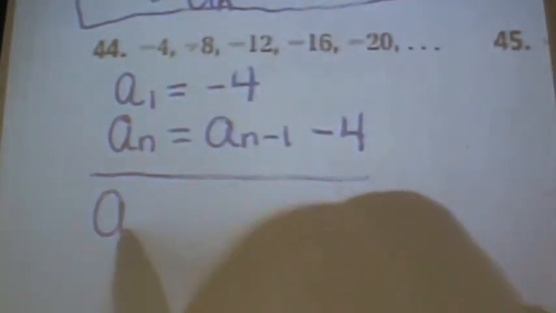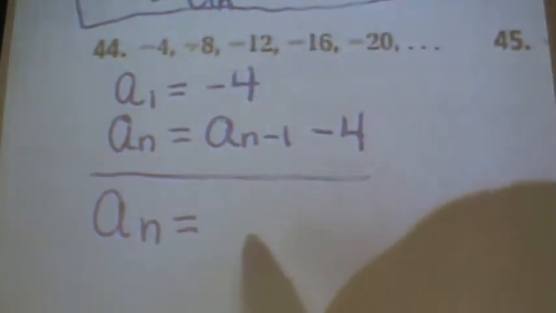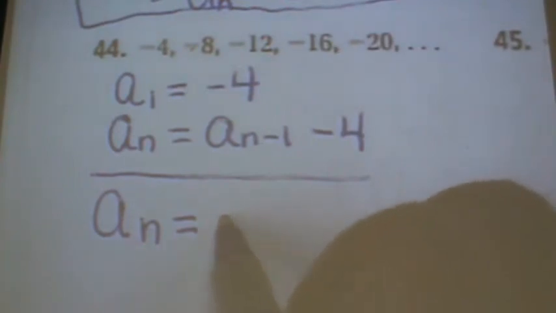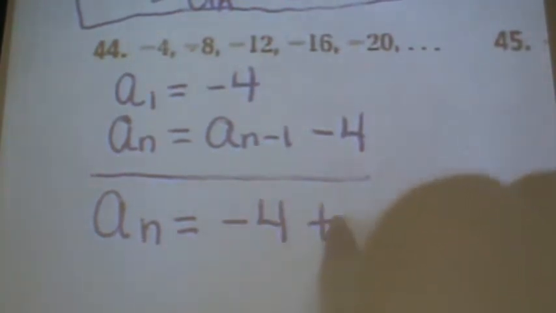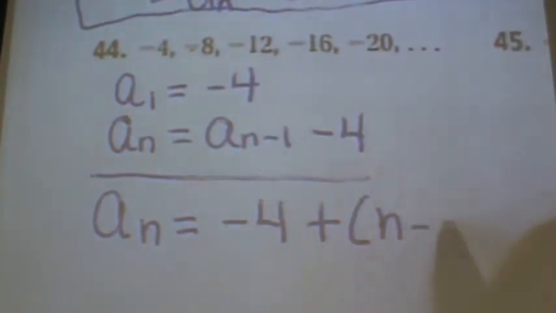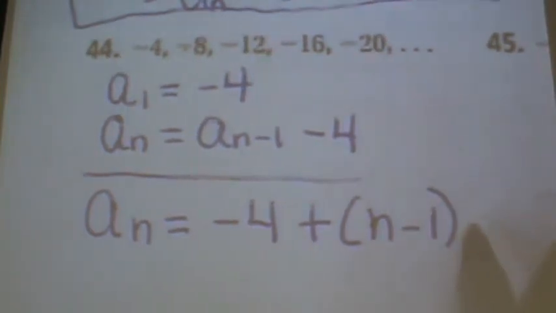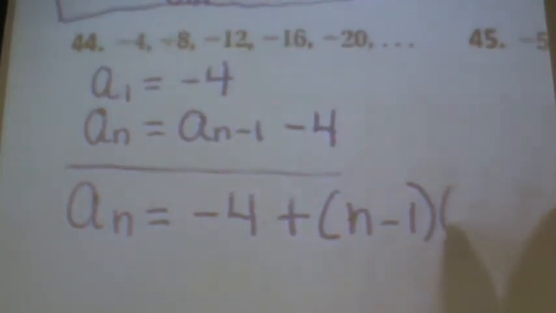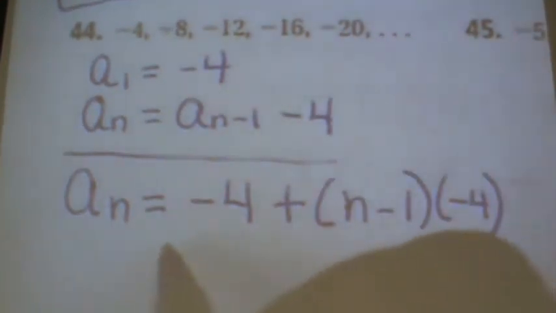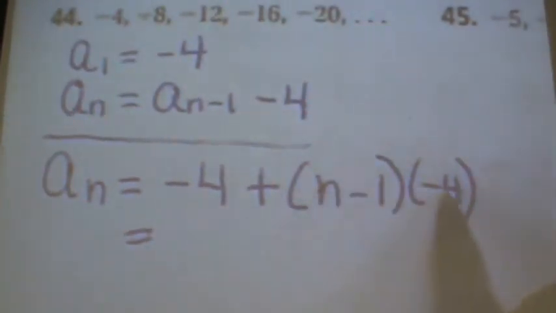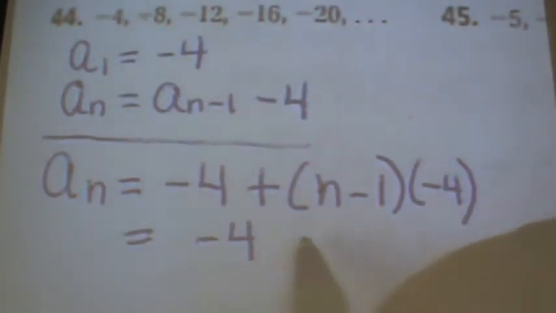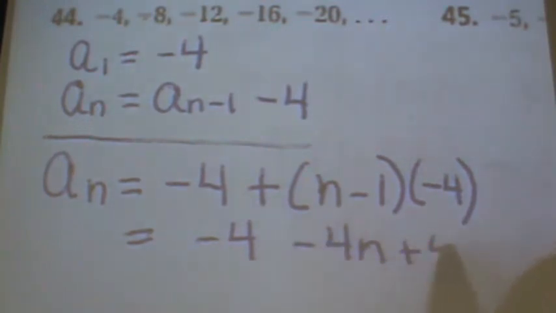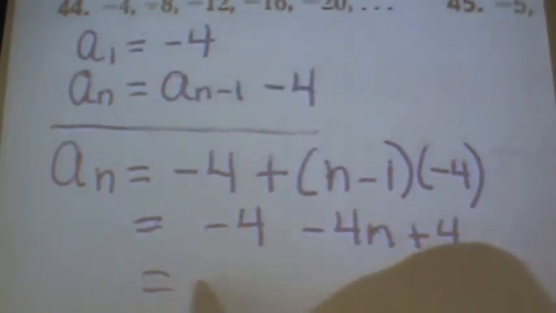Okay, what's your explicit? Negative 4 plus n minus 1 times negative 4. Now I want you to simplify this. This is negative 4n plus 4, and these two cancel, so it's negative 4n.